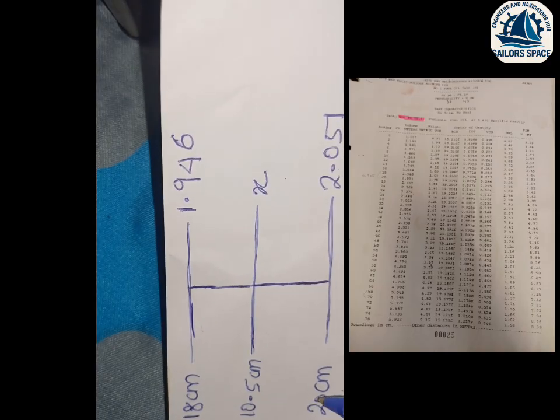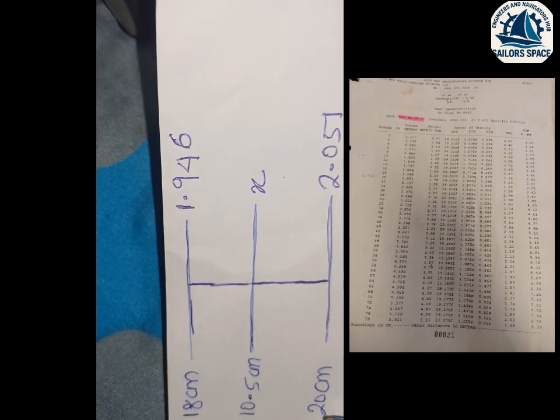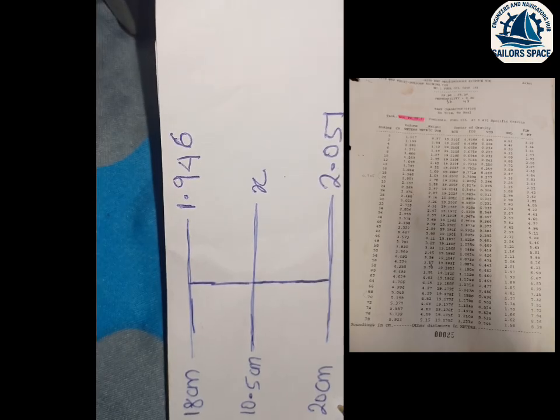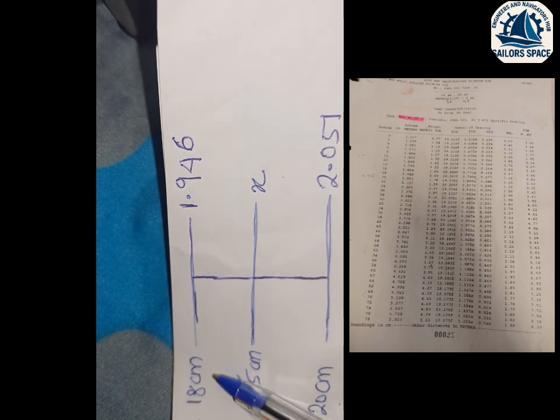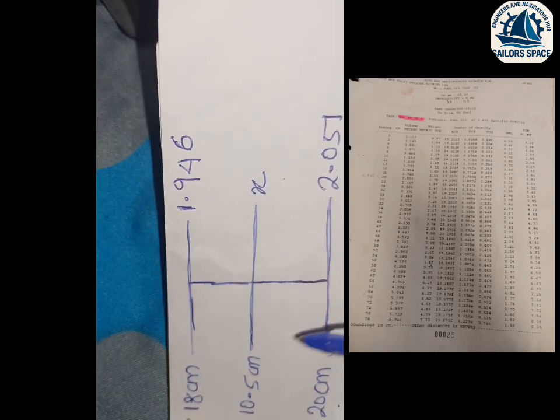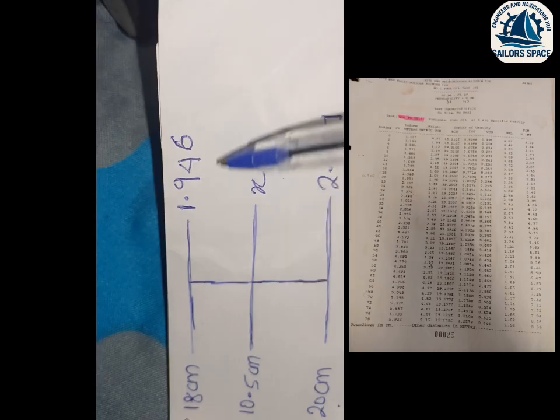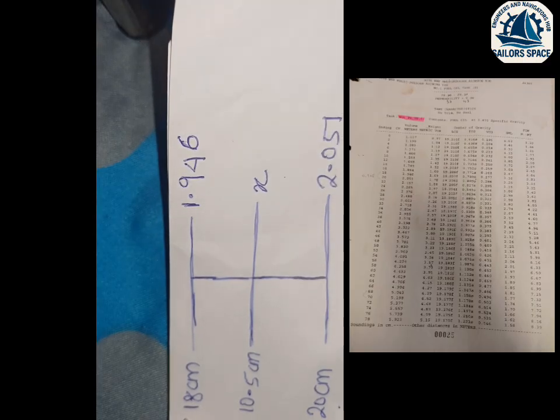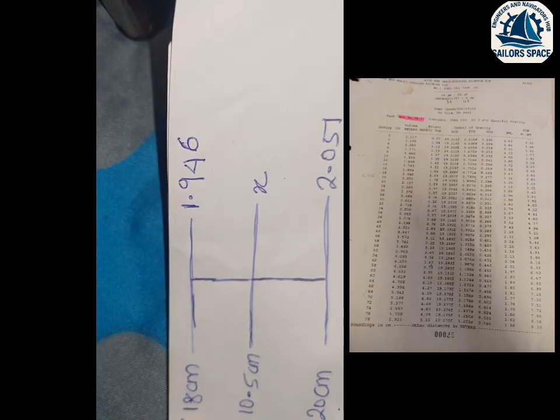Either way can work. You can use the formula: the lower value minus the upper value, divided by the lower value minus the unknown, equals the same thing done on the other side. You know that principle in mathematics that says what you do to the right-hand side, you do to the left-hand side.